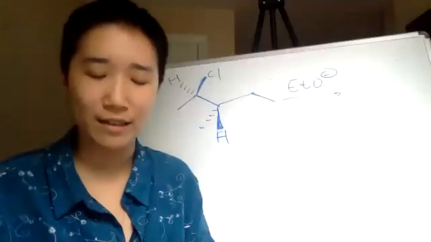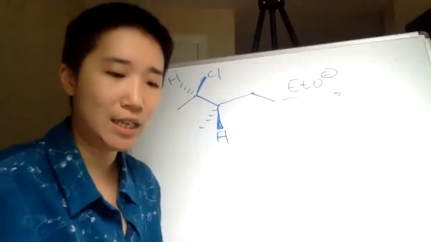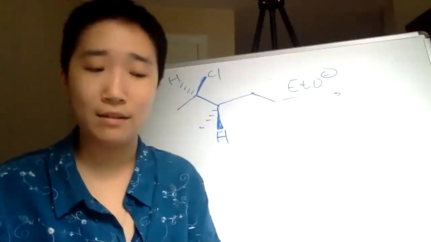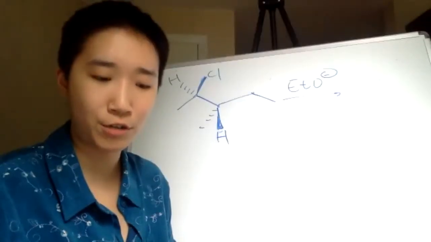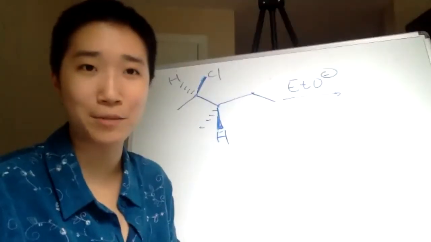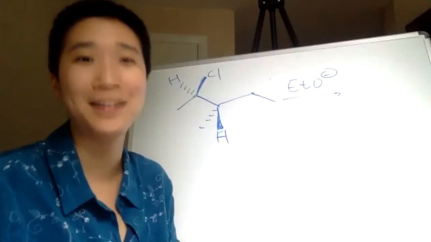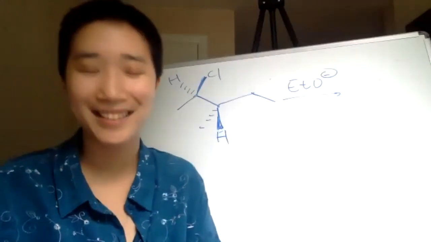Okay, so what else? We've ruled out E2 reaction because it's not periplanar. You can look at the substrate. I think it's a tertiary. Is it a tertiary substrate? I think secondary. It's a secondary substrate, which is very annoying because you can't rule out anything in this case.